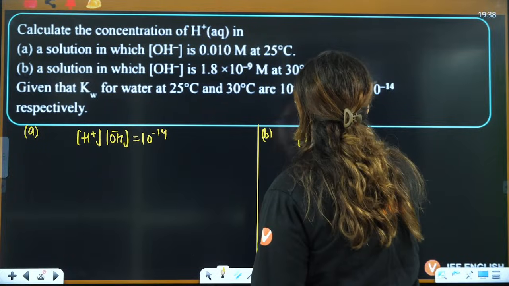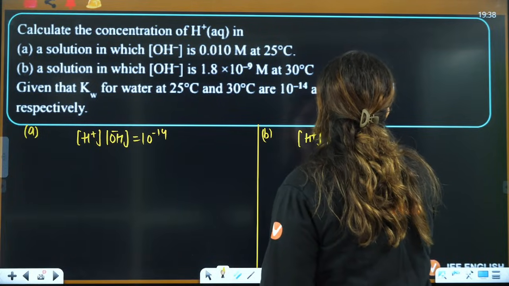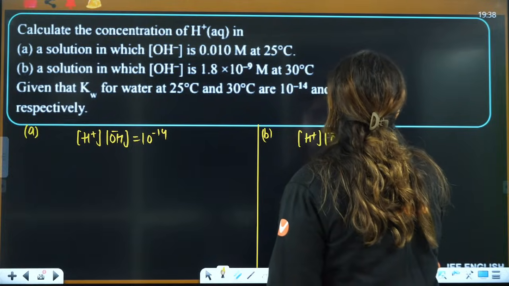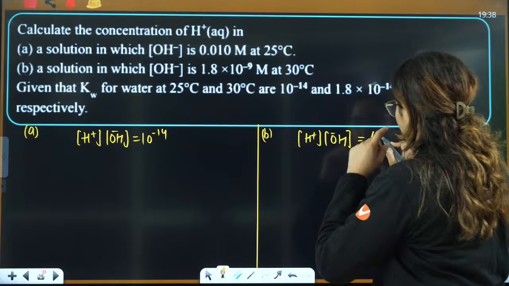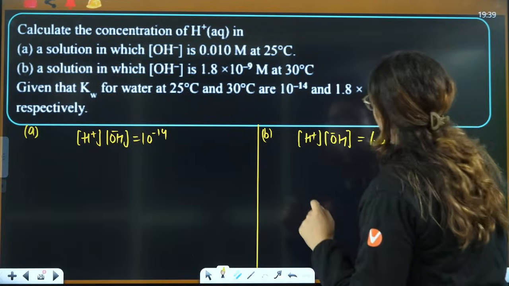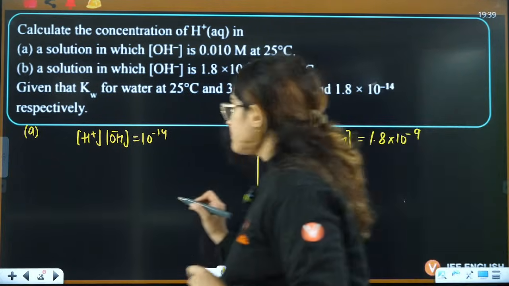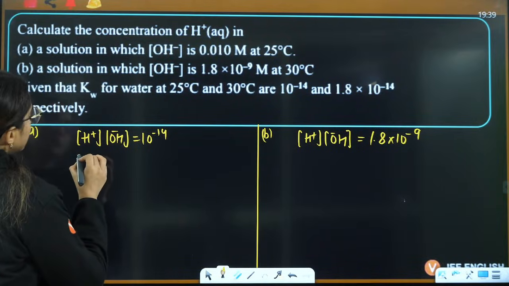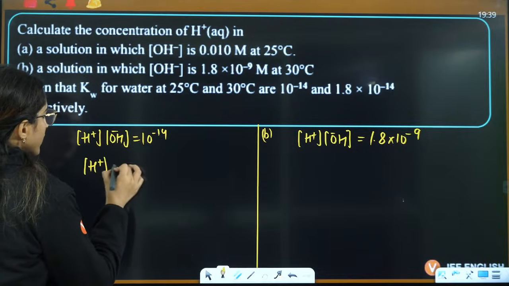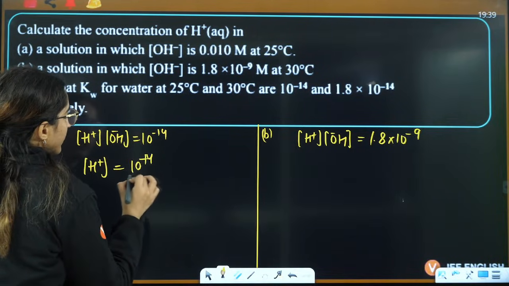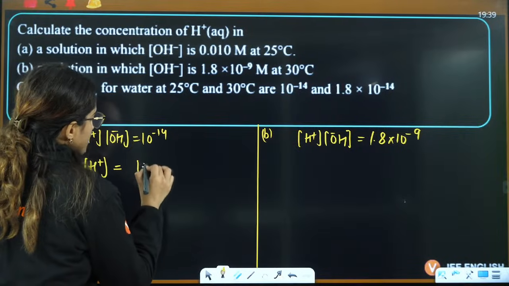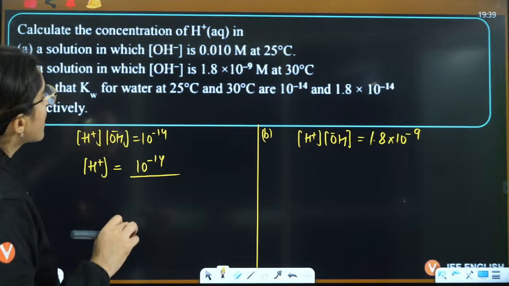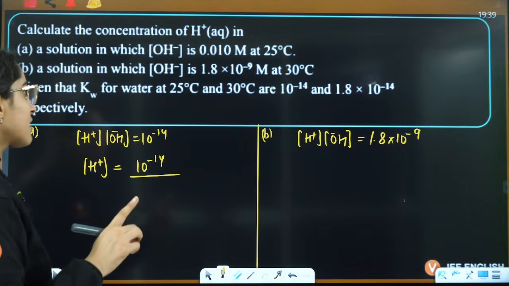In the B part, H positive and OH negative is going to be Kw, that is 1.8 into 10 raised to power minus 9. Now, if you want to solve the value of H positive, here it will be 10 raised to power minus 14 divided by OH negative concentration, which is 0.01, that is 10 raised to power minus 2.